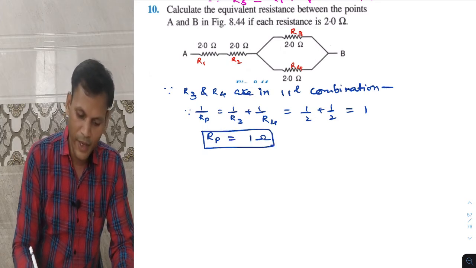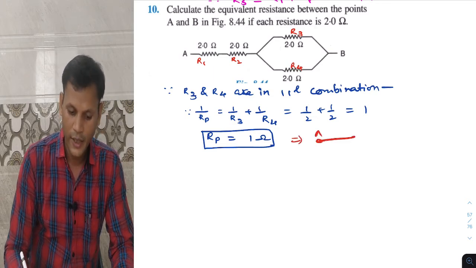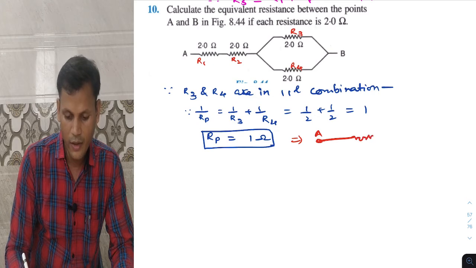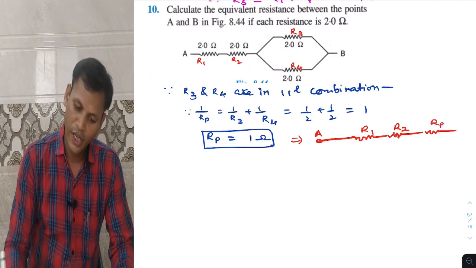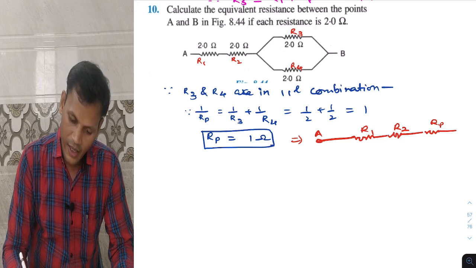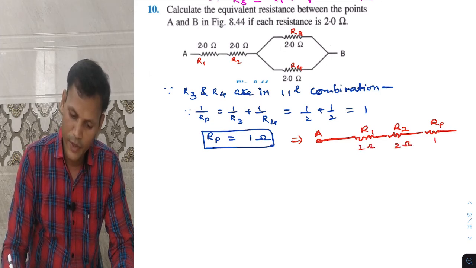Now this diagram can be written as: it is point A, it is R1, it is R2, and this becomes Rp, whatever we have calculated. Now all are in series. It is 2 ohm, it is 2 ohm, and Rp becomes 1 ohm.